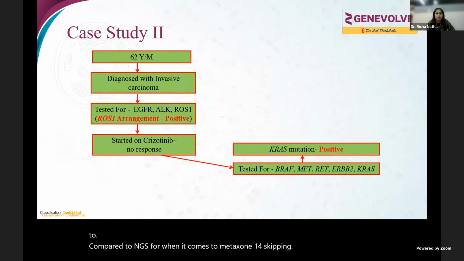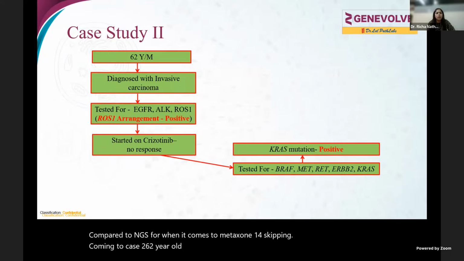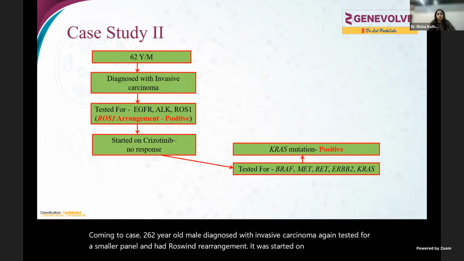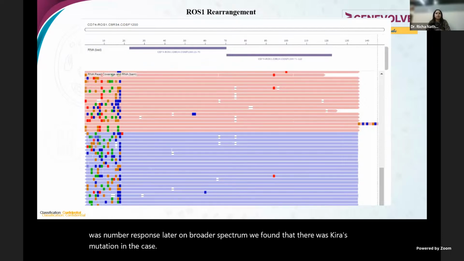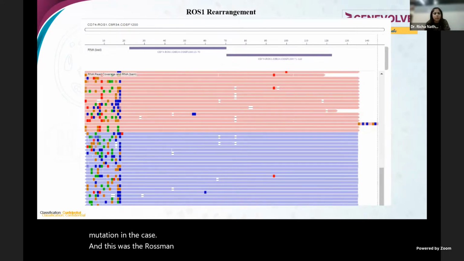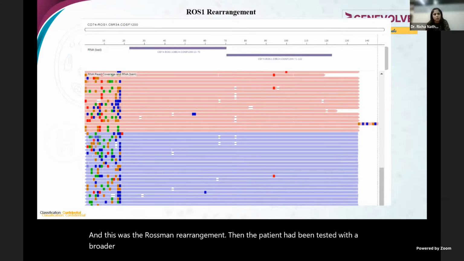Coming to case 2, a 62-year-old male diagnosed with invasive carcinoma, again tested for a smaller panel and had ROS1 rearrangement. It was started on crizotinib, but there was no response. Later on a broader spectrum, we found that there was a KRAS mutation in the case. This was the ROS1 rearrangement. Then the patient was tested with a broader panel, and of course the ROS1 was also positive.